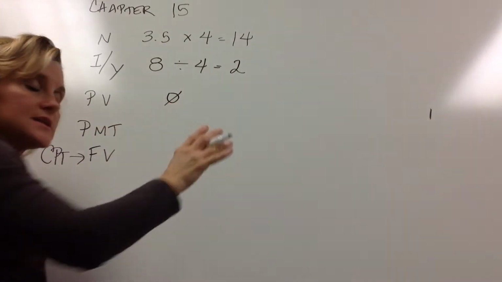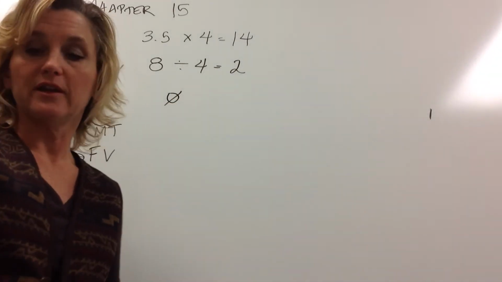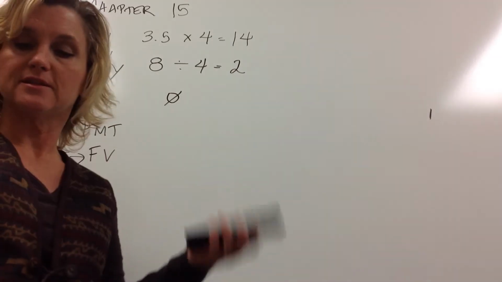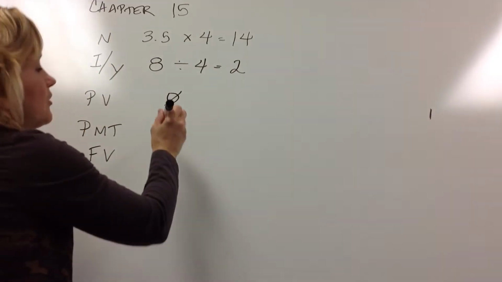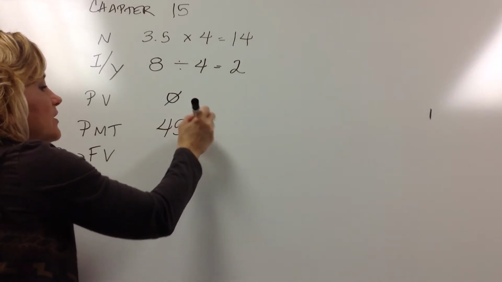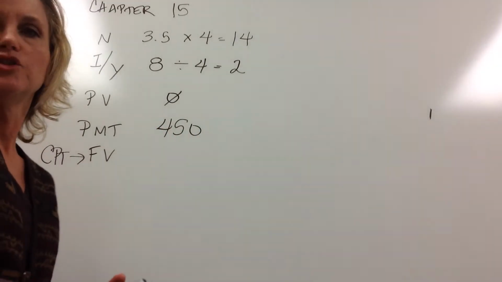Now in this one, it doesn't say that they have anything to put down today. Nowhere in that problem did it tell us that they have an amount today, so we're going to zero that out. But they're investing $450 at the end of each quarter.